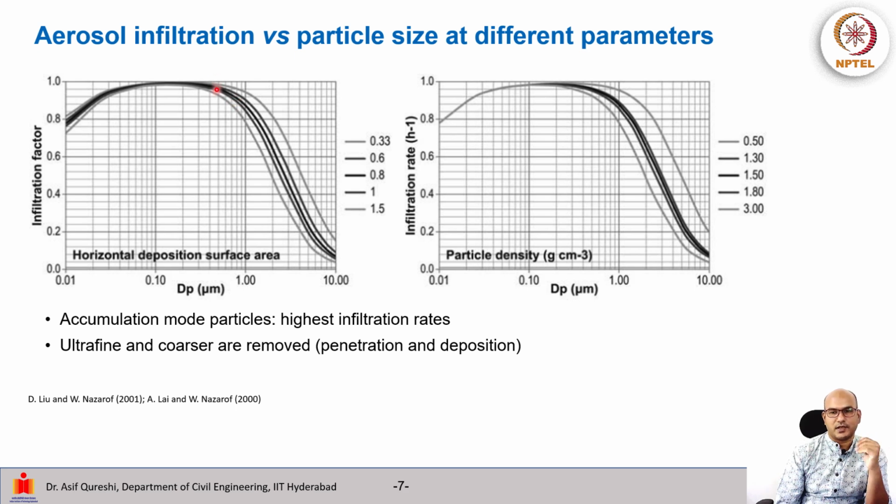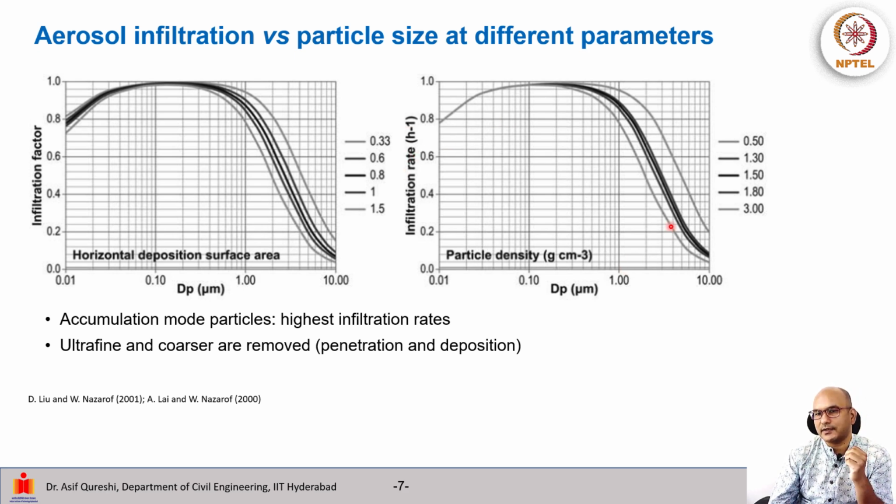So this is one. Now, this is surface area available for deposition. We will look at the same infiltration with respect to particle density. Again we are talking about particle densities 0.5 to 3, a factor of 6 difference. Here we have the infiltration rate, how fast the infiltration is happening.